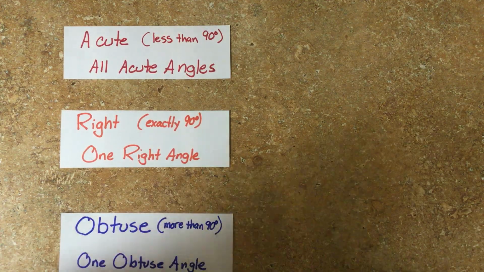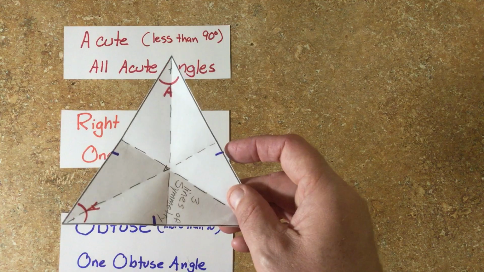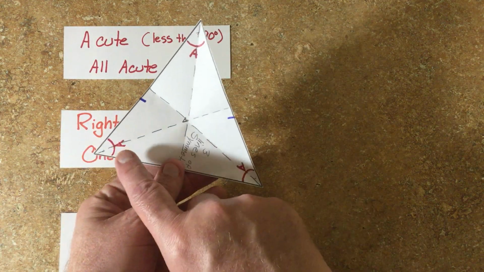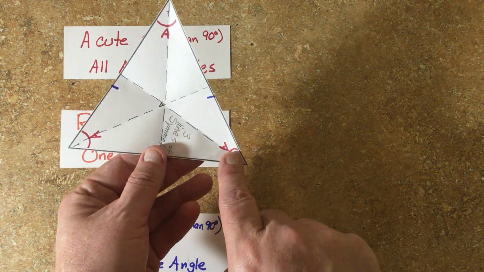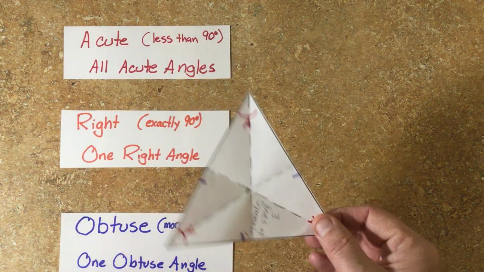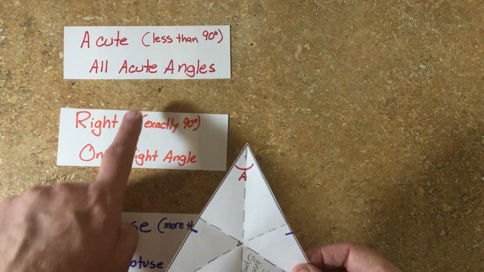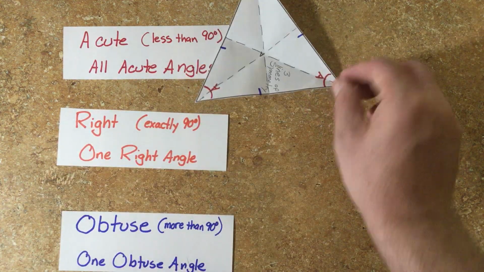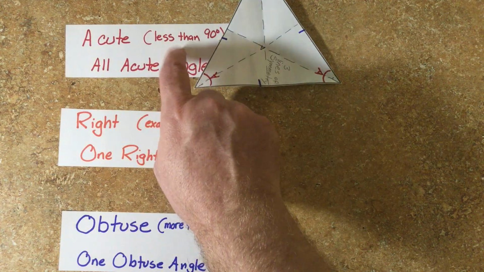So we're going to take our triangles now, and we're going to take a look at one at a time here. And this one I happen to see, well, there's an acute angle here, acute angle here, and an acute angle here. And it doesn't have any right, it doesn't have any obtuse. All three are acute angles. So that would be going in that classification up there.